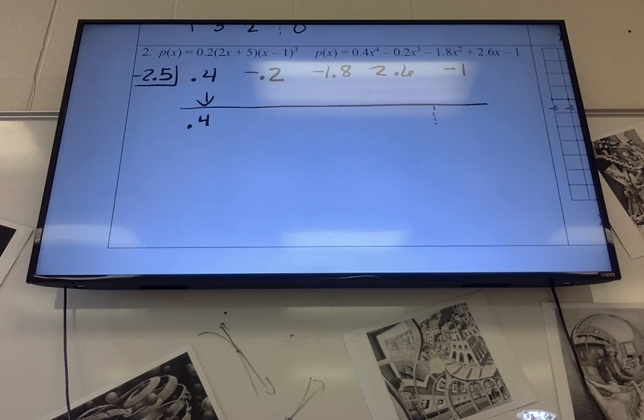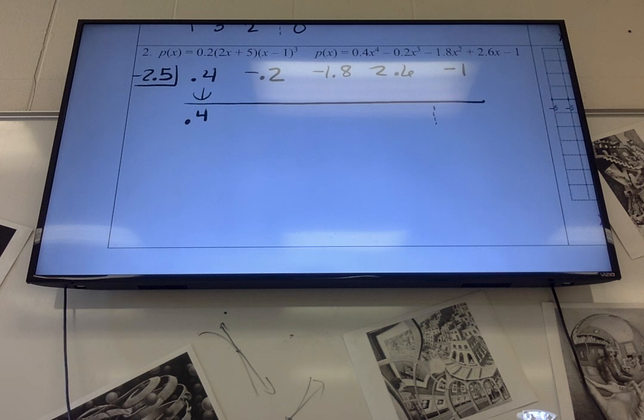Okay, negative 2.5 times 0.4 is negative 1. Add those together, you get negative 1.2.